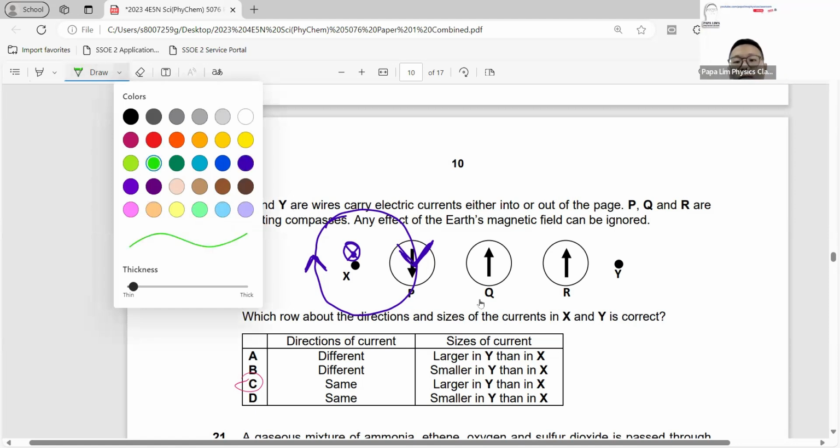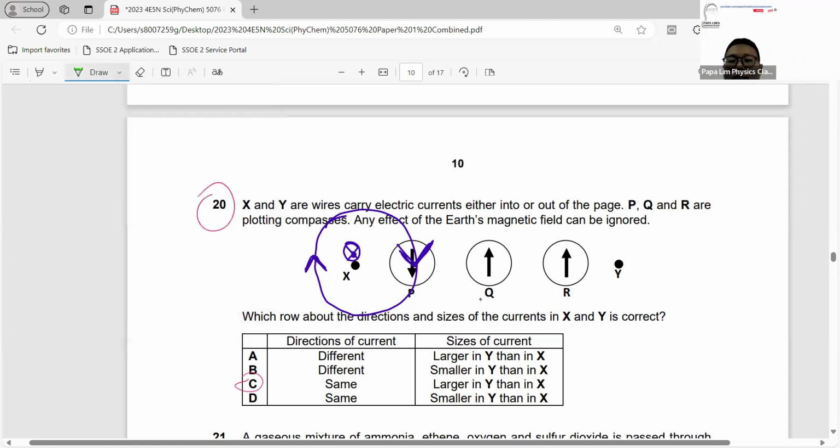If I apply the same thing to Y, Y will generate a field line when the current flows. Take a look at R, which is near to Y: the magnetic field line is going upwards, denoted by the compass direction. So the field line is up here and down there, which means the magnetic field line generated by current Y is also clockwise.